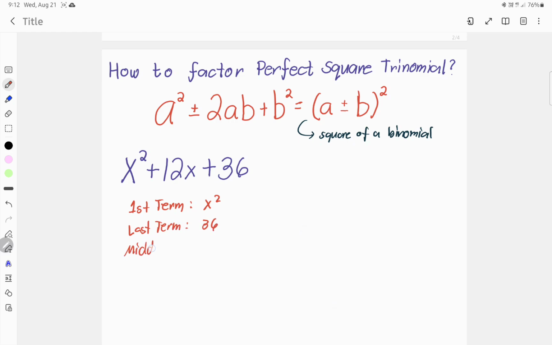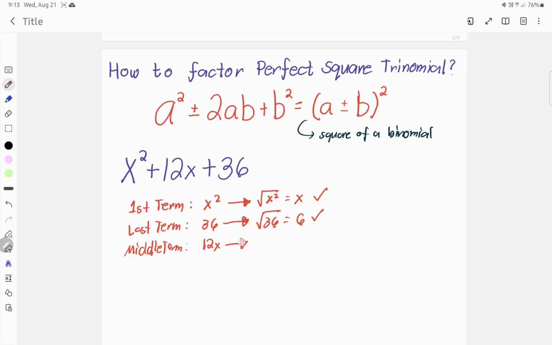And then the middle term, let's do the testing. That is 12x. Now, the square root of x squared is equal to x, so it's a perfect square. Next, square root of 36, so we got 6, that's correct.